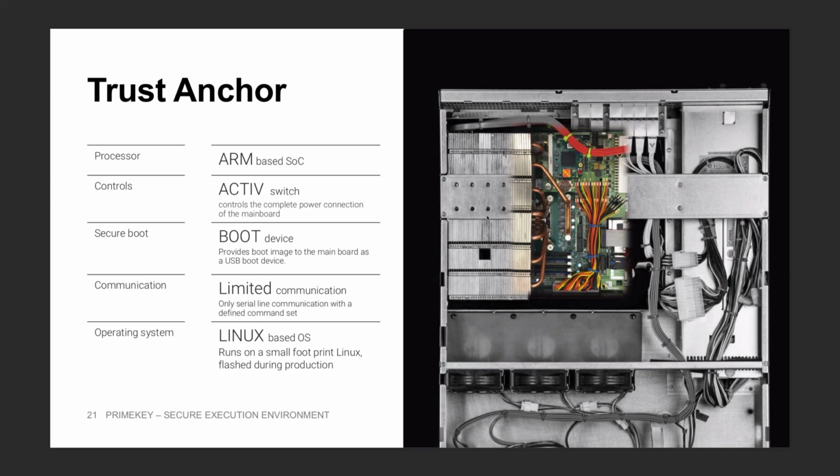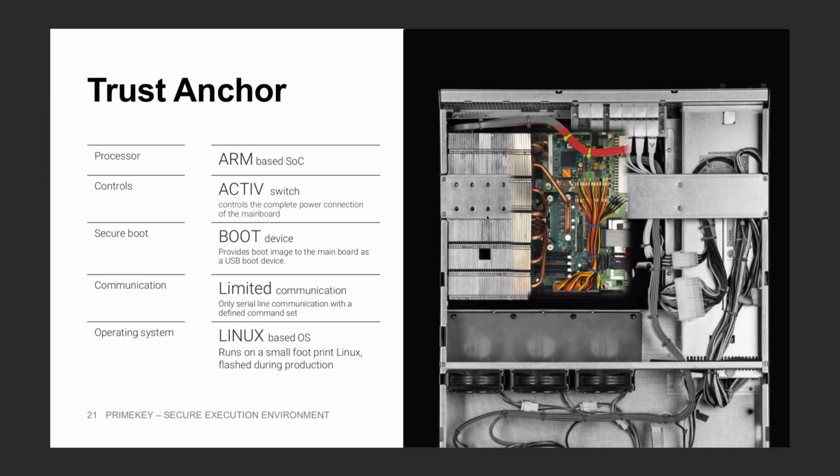So that means the ARM processor is verifying the stored boot images on the trust anchor itself. And after the validation is passed, it is switching on the power supply to the mainboard, and then it is presenting the boot image to the mainboard, and the mainboard can boot up the whole software stack itself.